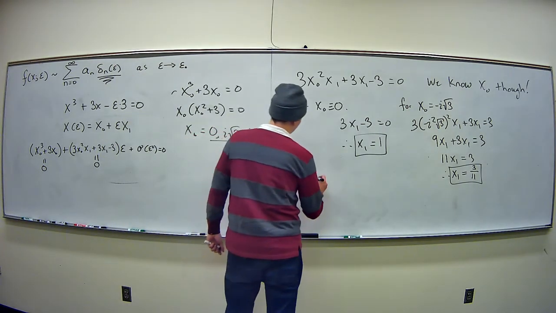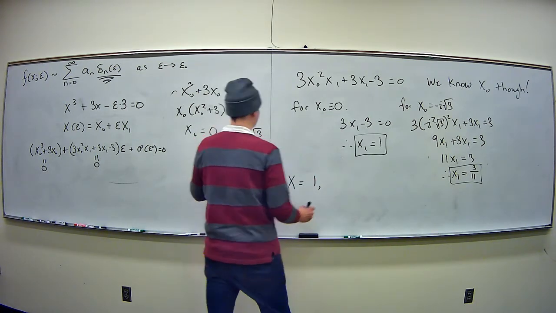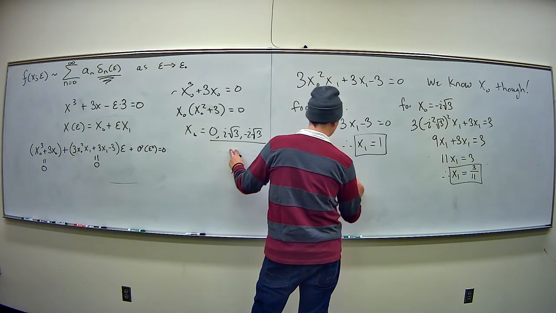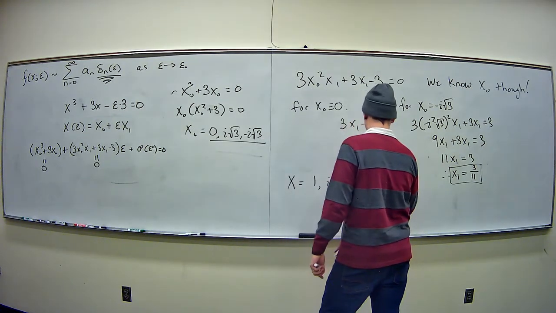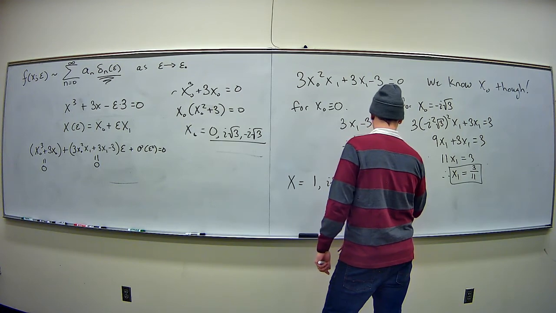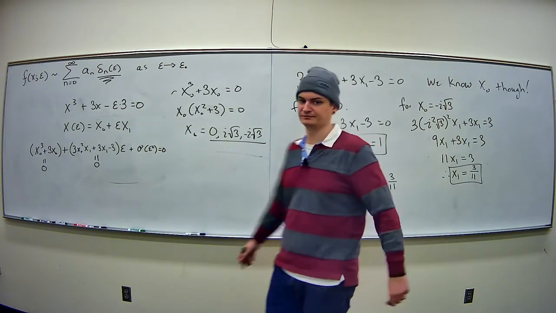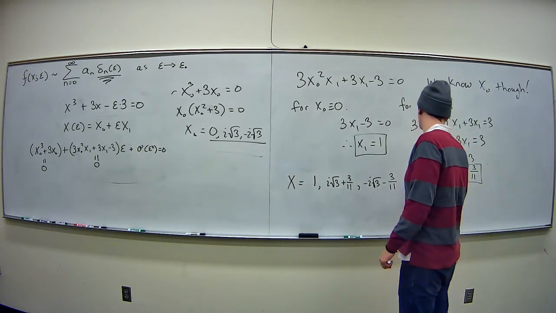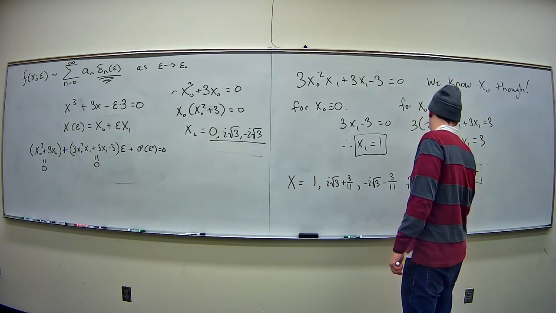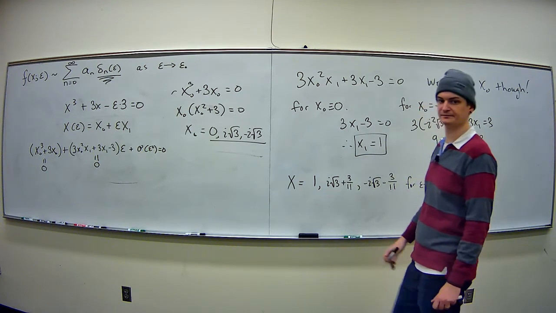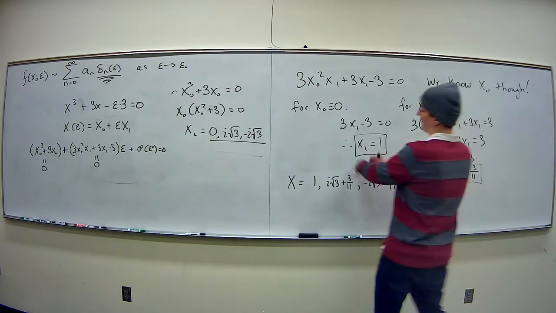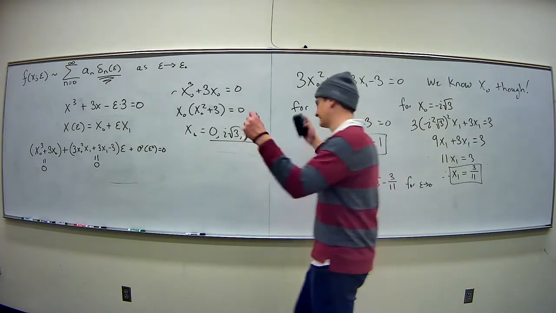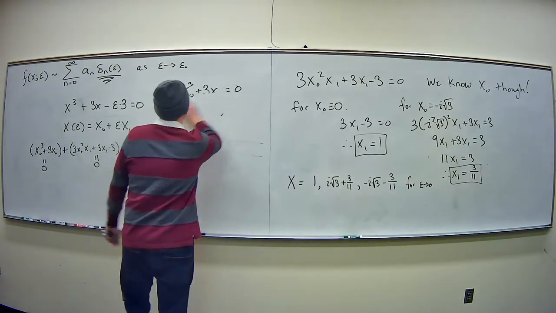So I have, it looks like 1, or it looks like, so if epsilon's really, really small, then it looks like this. You analytically now have expressions to tell you what these roots look like. That's the algebraic example for this method of asymptotics.